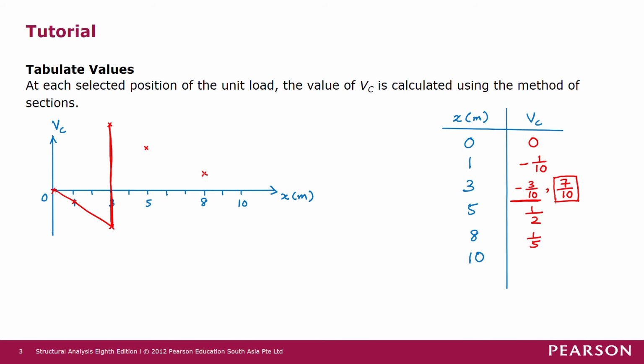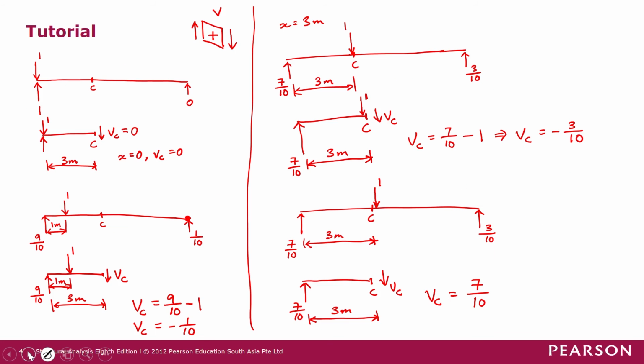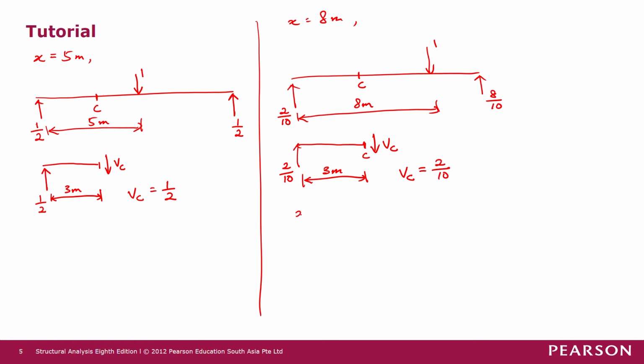Alright, and then when x equals 10 meter, we have a beam where the 1 unit force is at the support B. So in this case the support reaction at A is 0, the support reaction at B is 1.